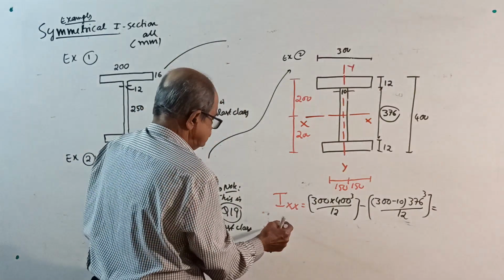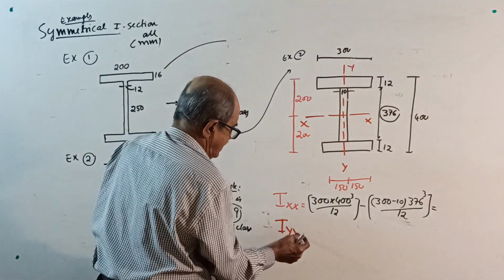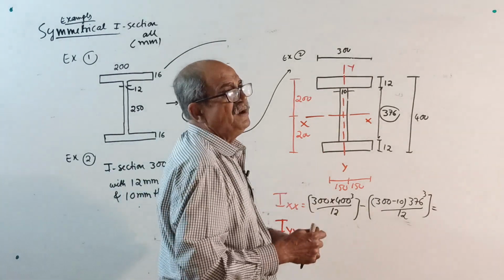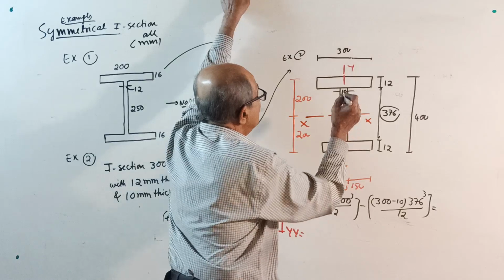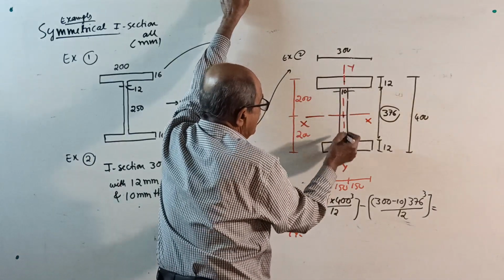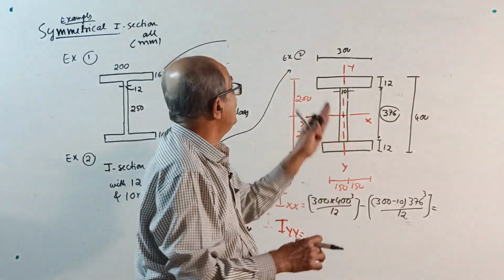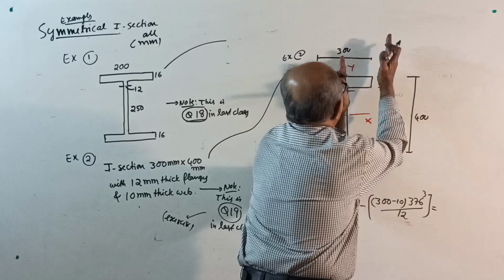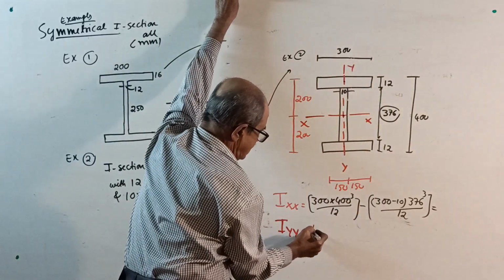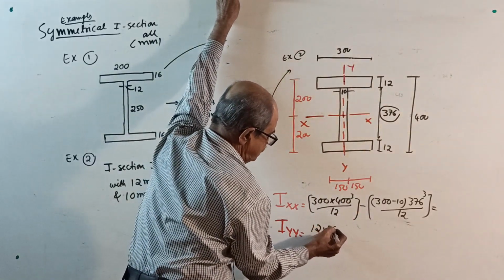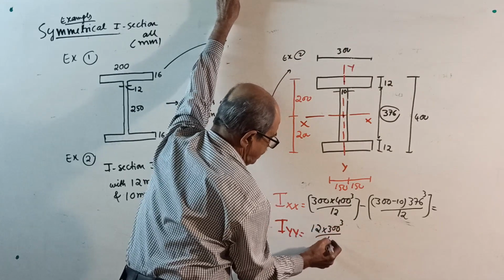Then Iyy. I told you, very easy for YY. What you do? Don't apply the parallel axis theorem because the centroid of each component lies on YY. Actually, IG plus A square, h is 0. Only IG. See here. 12 into 300 cube by 12.